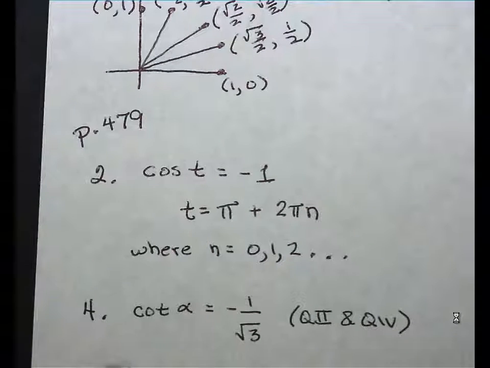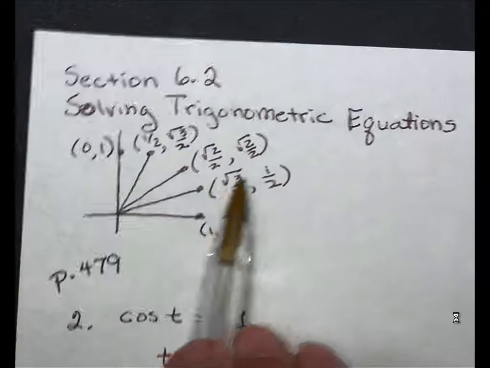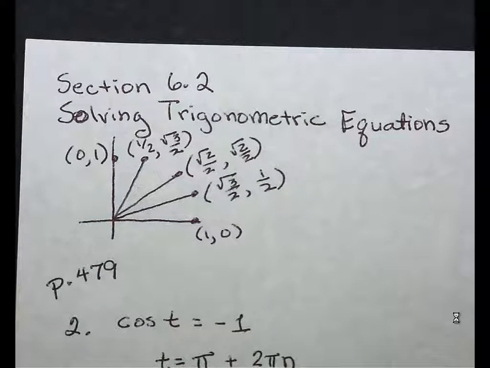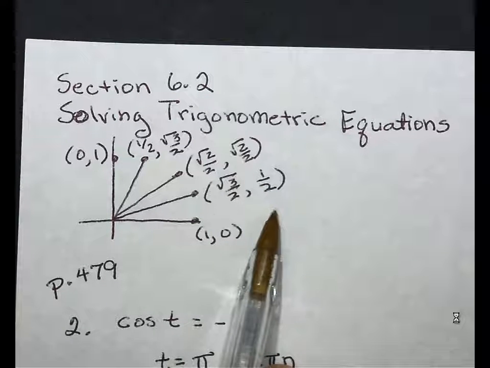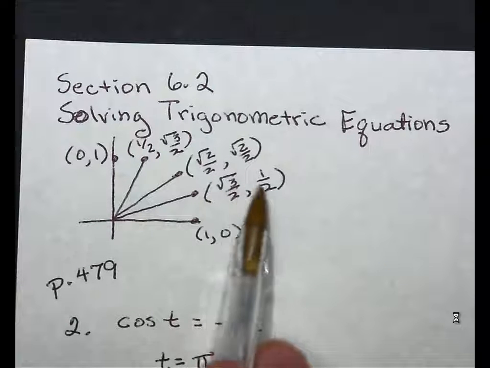Cotangent is which coordinate divided by which? Well, the x and the y. The x divided by y. Tangent's y divided by x, cotangent's x divided by y. So which one of these, if I took the x and divided it by y, would give me 1 over square root of 3? That means you'd flip the y. X divided by y would be square root of 3 over 2 times 2 over 1.